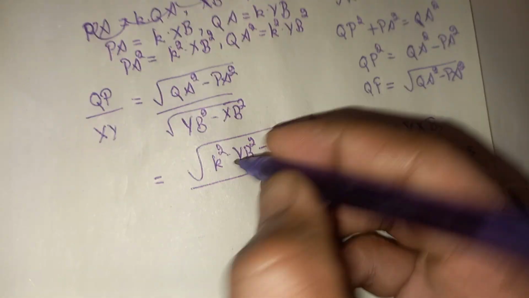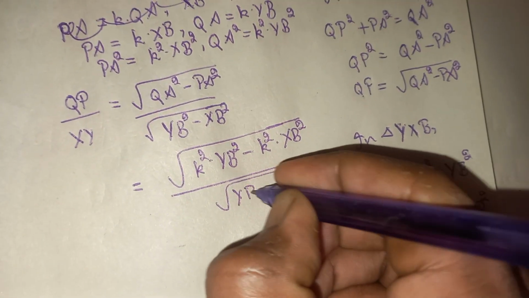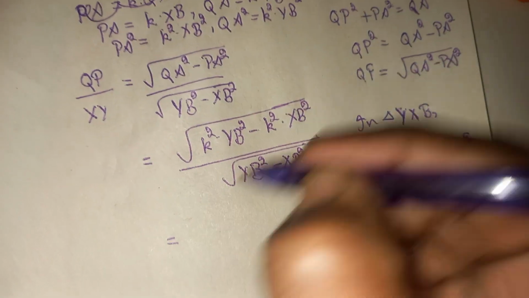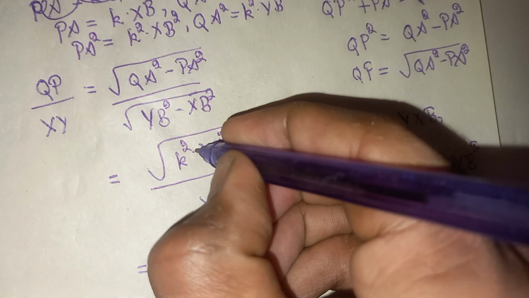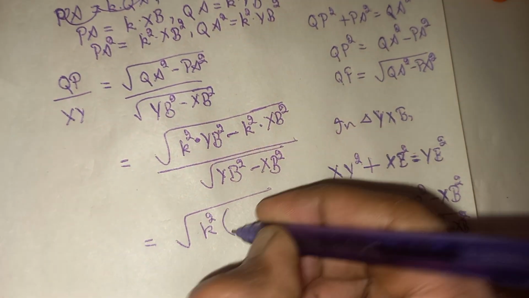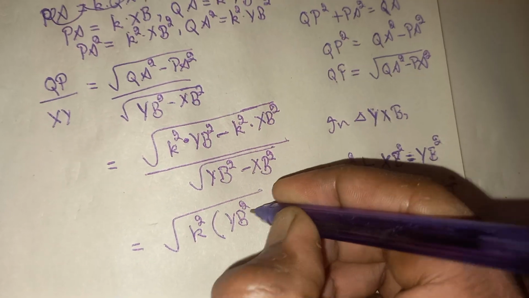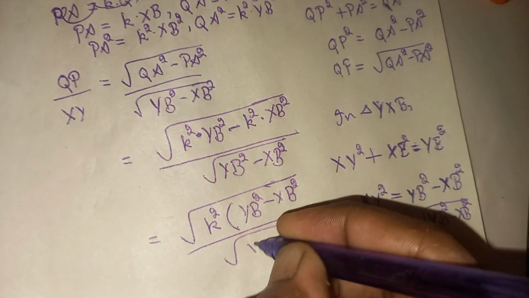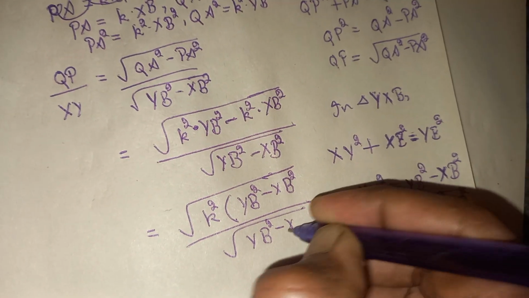Now divide it by root of YB square minus XB square. Take K square common, you get root of K square times YB square minus XB square, and here also root of YB square minus XB square.